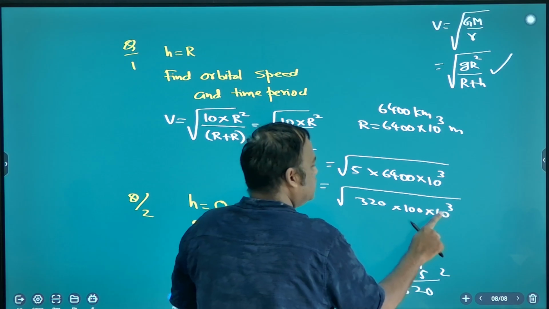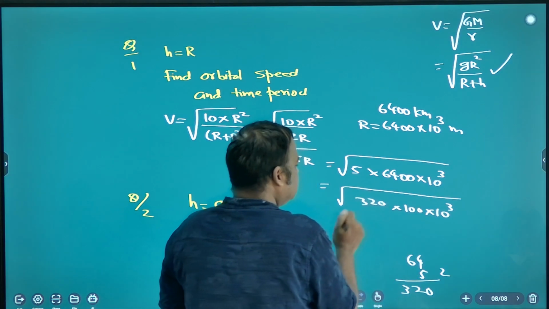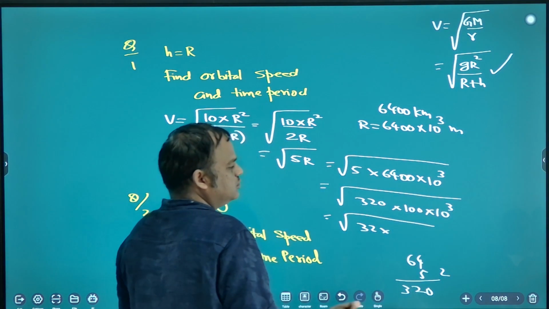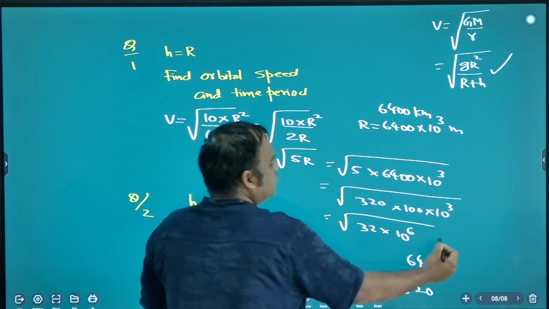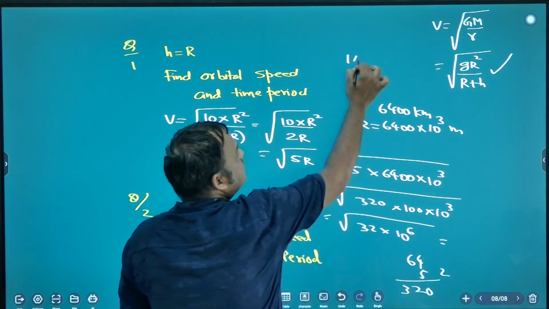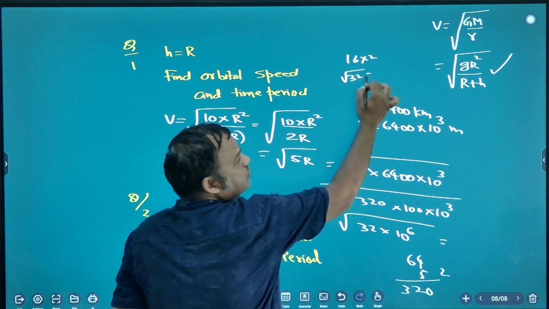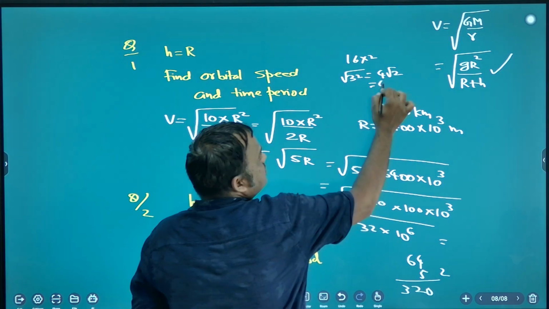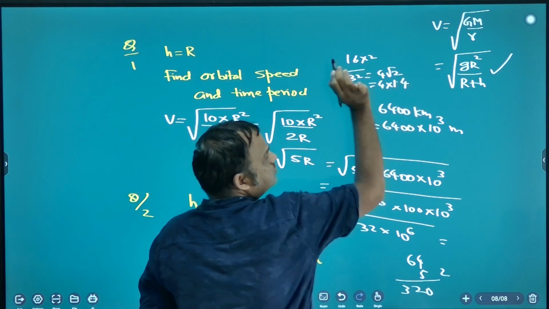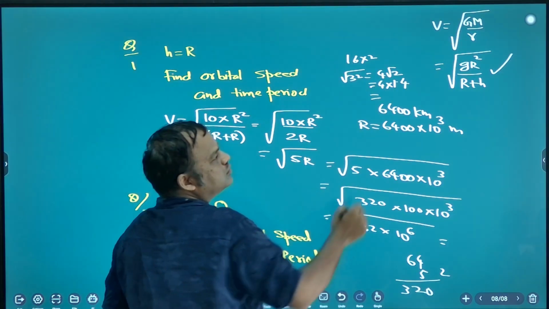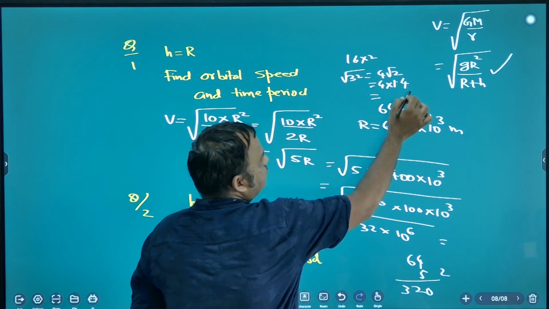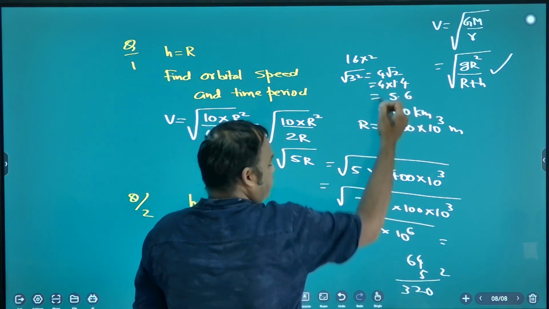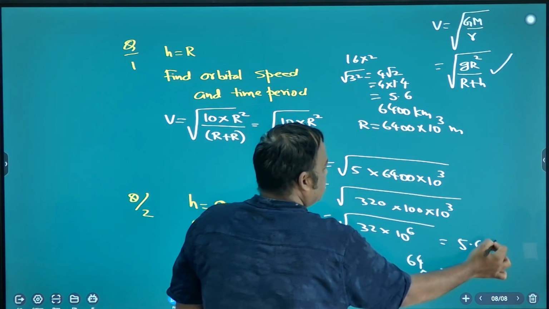So what is the 10 power? 10 power 6. Then square root of 32. 32 means 16 into 2. So what is square root of 32? 4 root 2. Very good. Root 2 approximate value 1.4, 4 into 1.4 is 5.6. So root 32 is 5.6. Then 10 raised to 6.